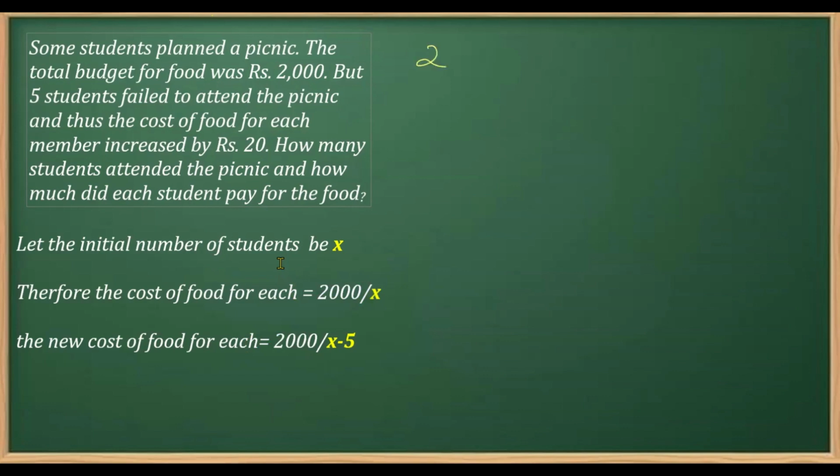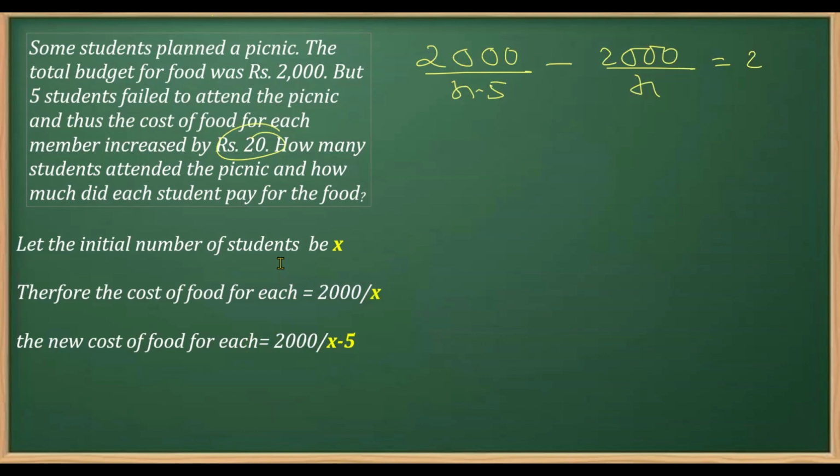According to the question, we can say that the price which the students are paying now, which is 2000 over X minus 5, minus the price which they were earlier paying, 2000 over X, their difference comes out to be 20.